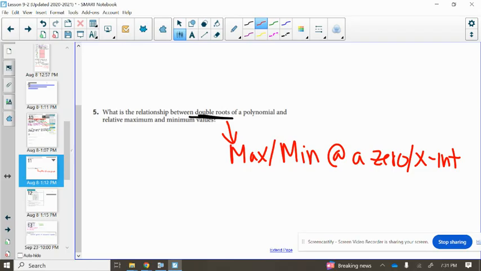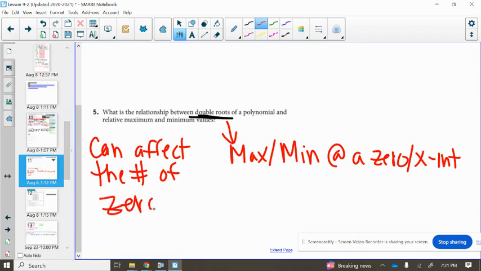And what it does is it can affect the number of zeros we see, and that's why we always call them the max number, because that bounds is taking up multiple of them. And we will talk much more about these double roots in class as well.